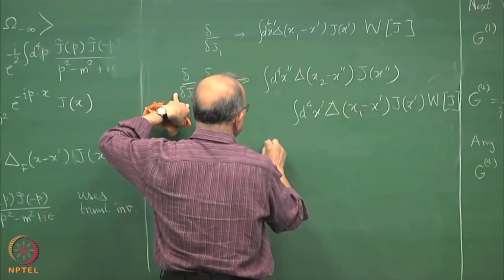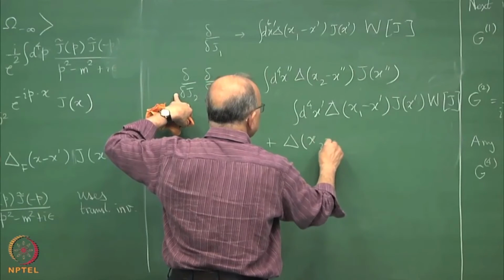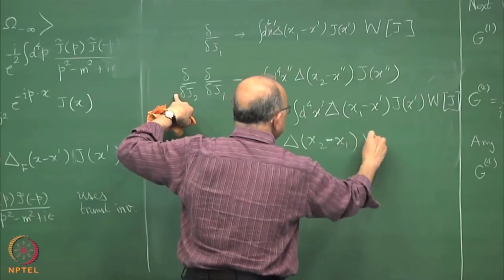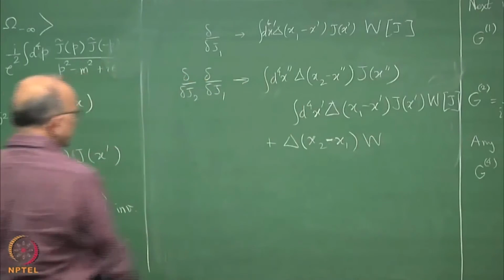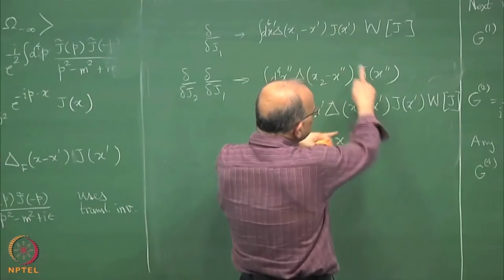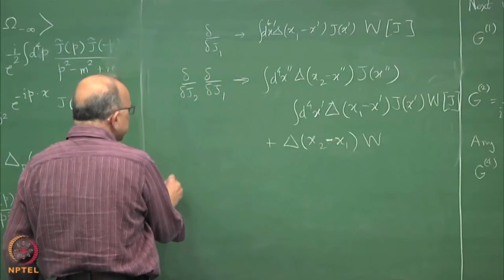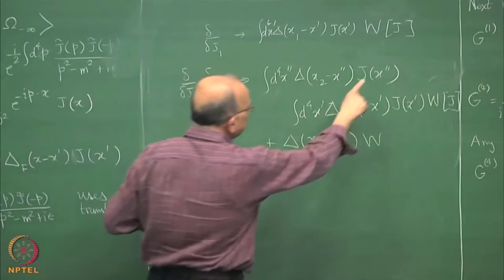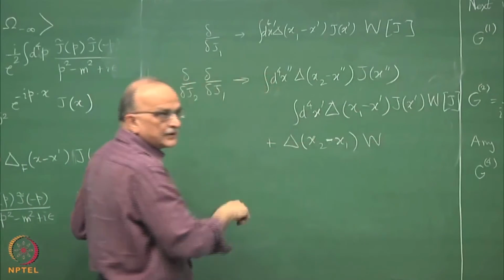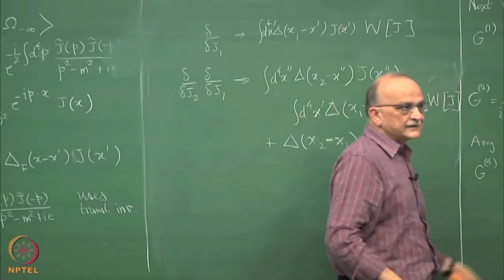So I will have this plus simply delta x2 minus x1 times W. So both the terms occur when I do this, but of course this term would get set to 0 if I set J equal to 0. But now I am going to act with more J's. Now those J's can remove this or bring down more J and so on. So in the end you end up with all the combinations like this.